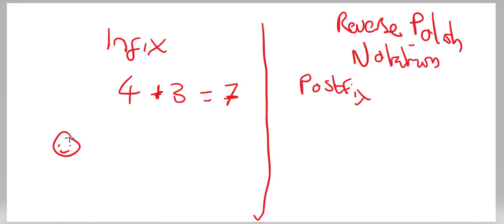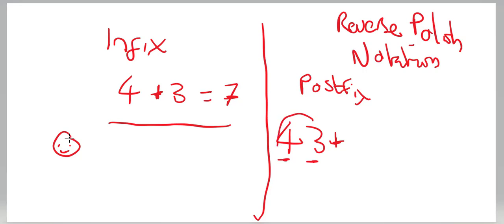So basically, it allows the machine to interpret our expression in a way which it can understand. So what does it look like? Well, instead of doing 4 plus 3 equals 7, we're going to do 4, 3 plus. So all we've done, we've got an operand, and we've grouped it together, and the operator is done afterwards.